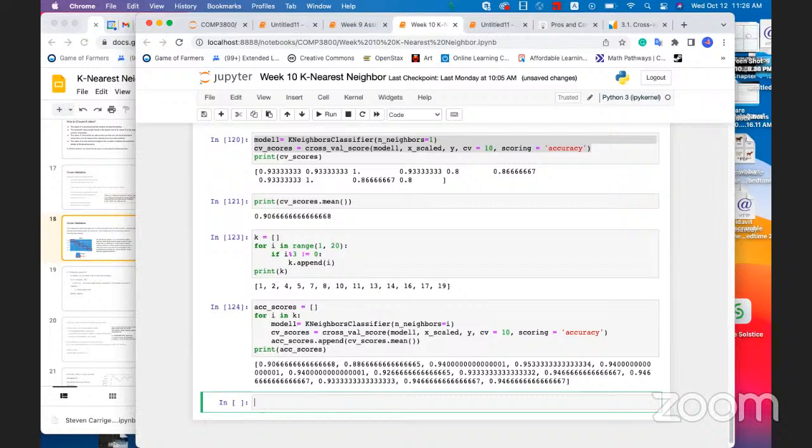Okay. Looks fine here. This is the average score when k equals 1, and then it goes down a little bit and it comes up, and the highest score is here, k equals 4.